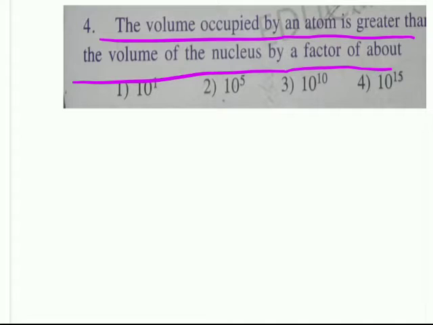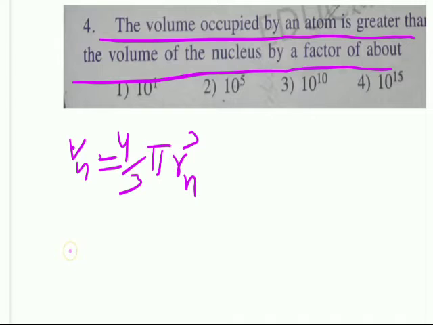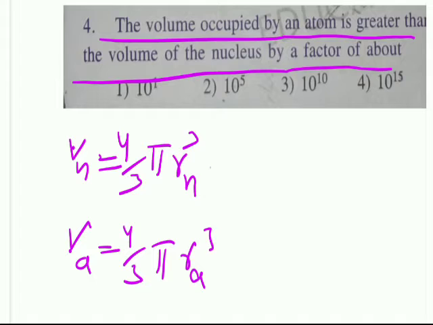For the volume of the nucleus, 4 by 3 pi r cube, where r is the radius of the nucleus. So the volume of the atom is 4 by 3 pi r_a cube, where r_a is the radius of the atom. So he is asking the factor, then we divide.